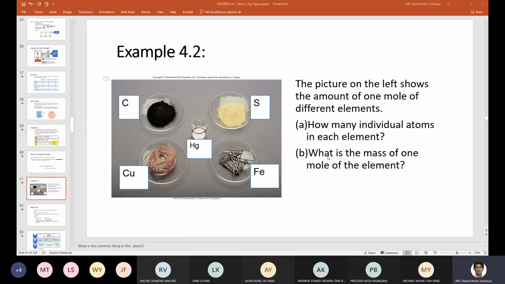Let me check. Yes, thank you. Wow, so good that you found it, Jonathan. So mercury, in one atom, is having 80 protons and 80 neutrons. And for carbon, it is having only 6 protons and 6 neutrons. So this is the thing that is making the difference.